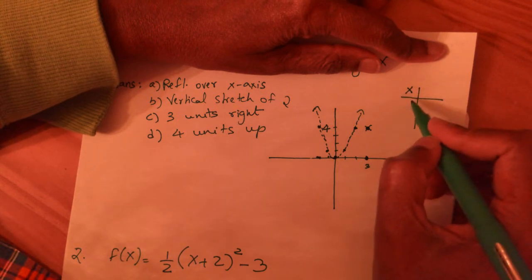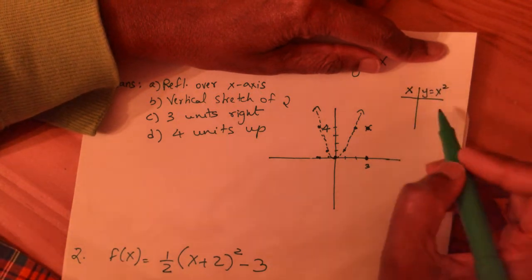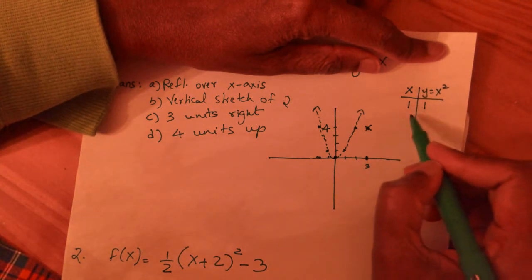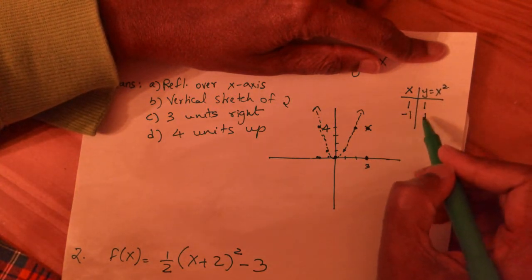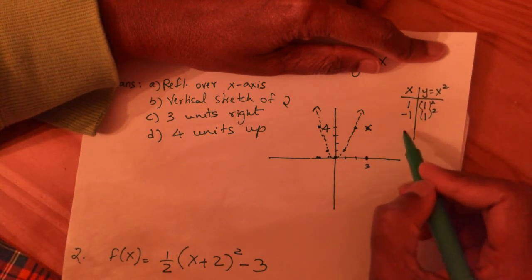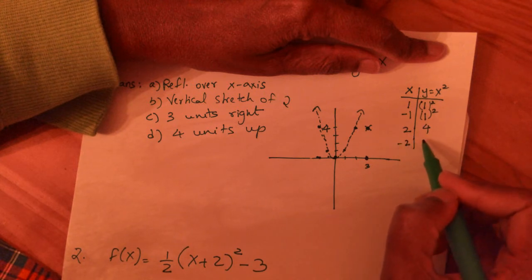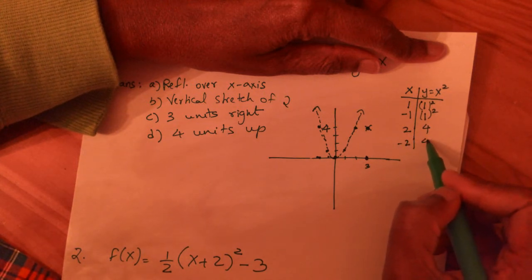So when you have x, and this is y equals x squared, right? This is my parent. So 1 will become 1, -1 is also 1 because -1 squared. And then if I move 2, I go up 4, and if I do -2, I do 4 again because -2 squared.